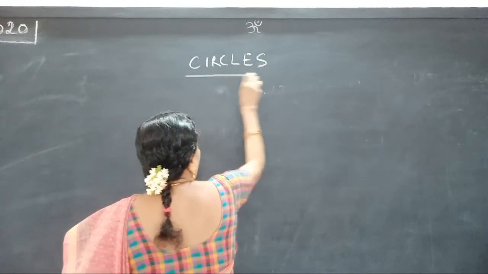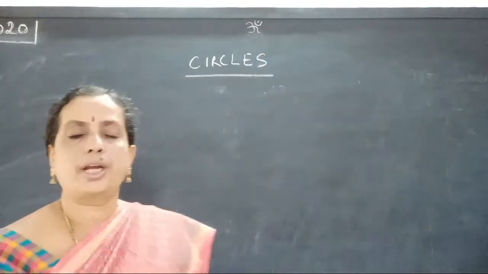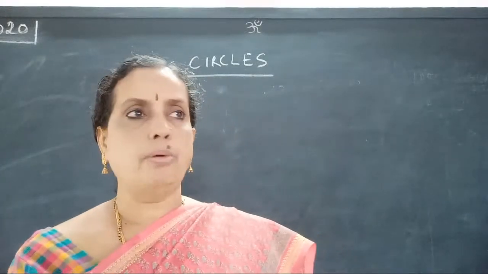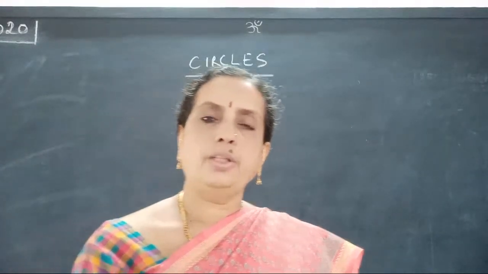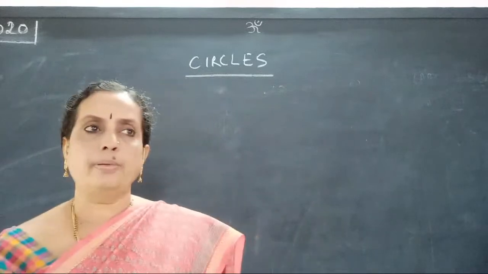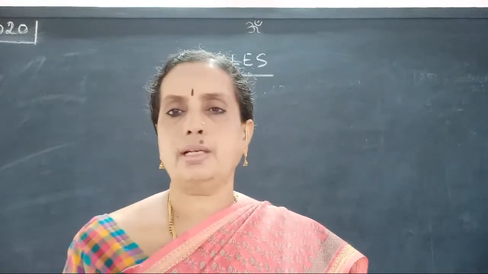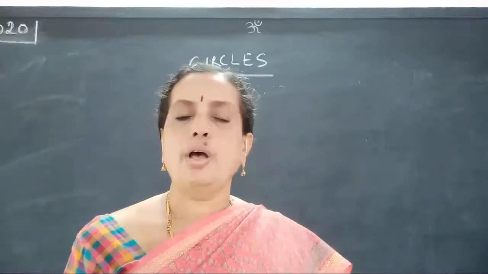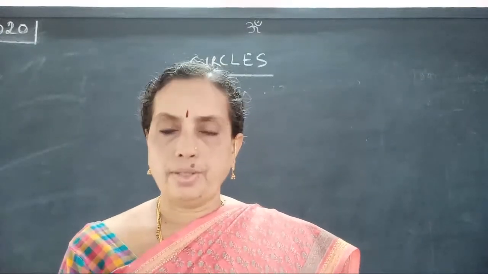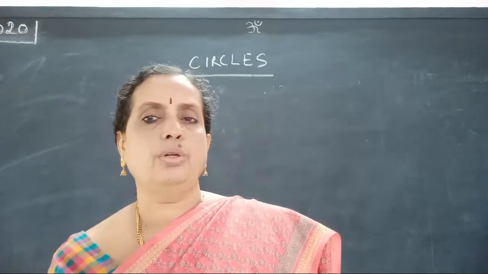The same circle topic continues in 10th standard also. This is a very important chapter. In 10th also, based on circle properties, you have geometrical constructions and also a separate circles chapter. So what you are going to study in 9th standard will be carried to the 10th.